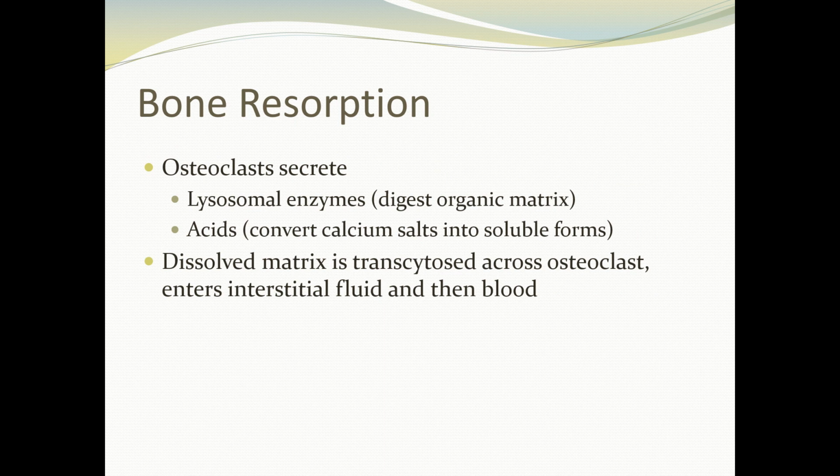When bone is resorbed, the osteoclasts are doing this, and they are secreting lysosomal enzymes, which will digest the organic matrix, and then acids, which will help to convert calcium salts into soluble forms. The dissolved matrix is then transcytosed or absorbed across the osteoclast. It enters the interstitial fluid and then goes into the bloodstream. So not only do osteoclasts help to remodel bone and maintain a nice shape, but they maintain blood calcium levels as well.